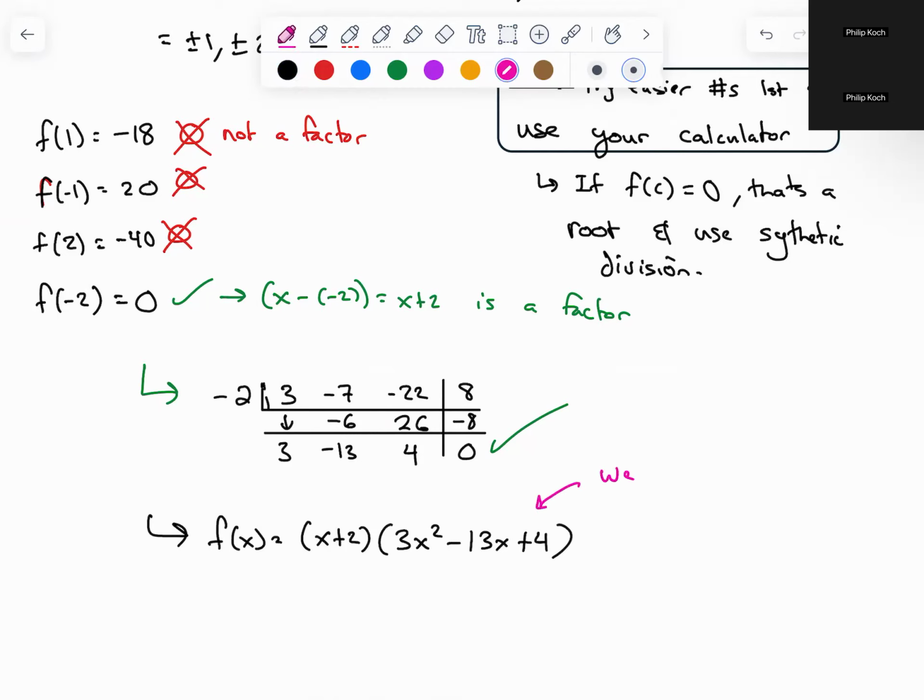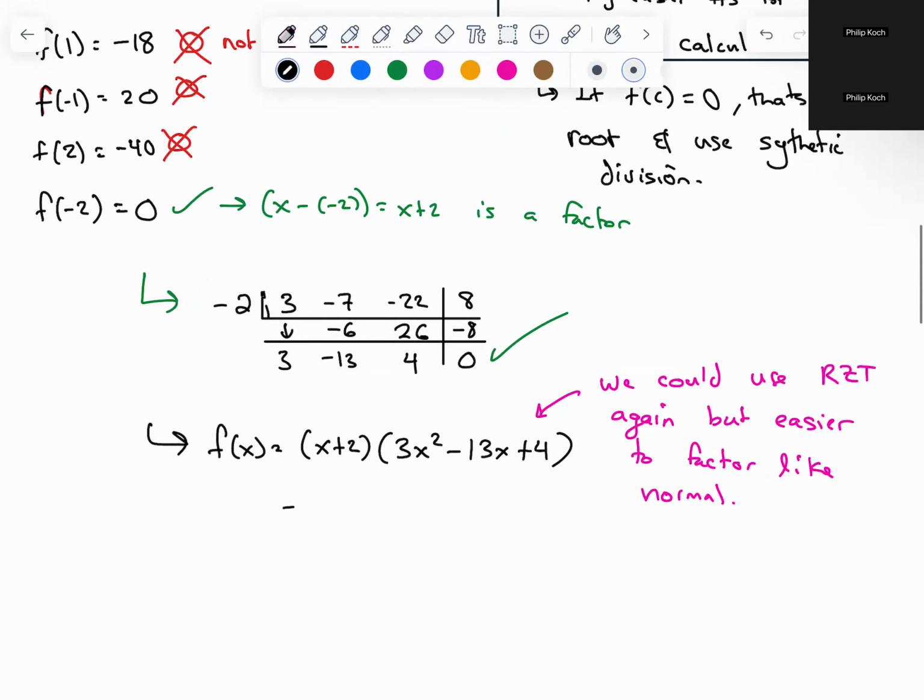We could use RZT again, but it's easier to factor like normal, because as soon as it breaks down into a quadratic, we have ways of factoring quadratics: our AC method, our bottoms up method, our AC box or snowflake, whatever you want to use. Just to save on time, this factors to x plus 2 times 3x minus 1 times x minus 4.